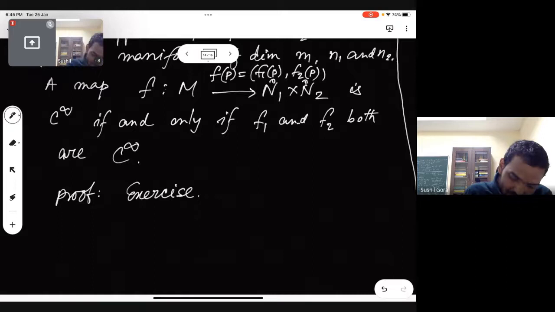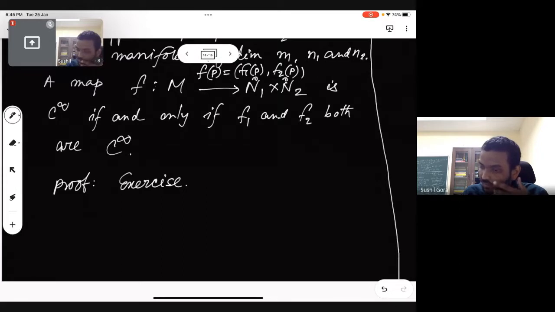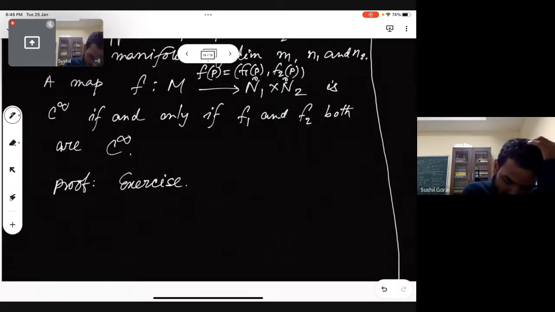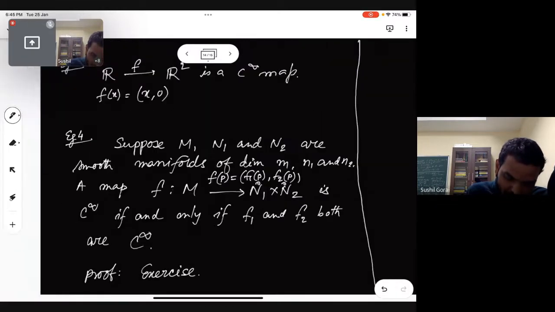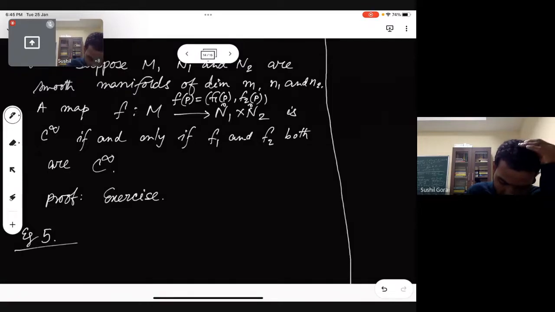All right. So once you know this, then one can see the following. Example 5.